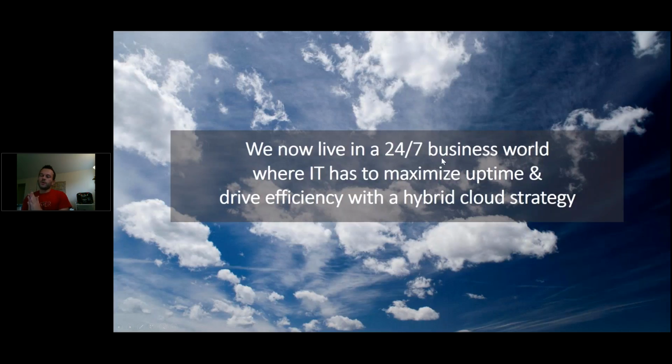So let's be clear. We now live in a 24/7 business world where you've got to maximize uptime and you've got to drive efficiency with a hybrid cloud strategy. Gone are the days where businesses were 9 to 5.